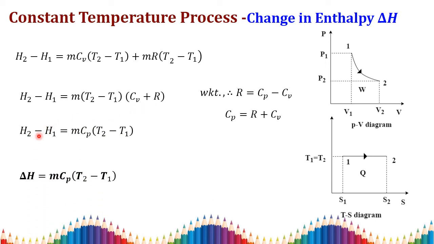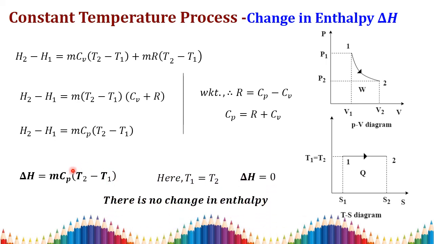So H2 minus H1, that is delta H, is equal to mCp into T2 minus T1. But in this case you apply the constant temperature condition here, T2 equal to T1, then your delta H will be 0. So delta H is 0 since it is an isothermal process. There is no change in enthalpy. So in a constant temperature process, there is no change in internal energy and also no change in enthalpy.